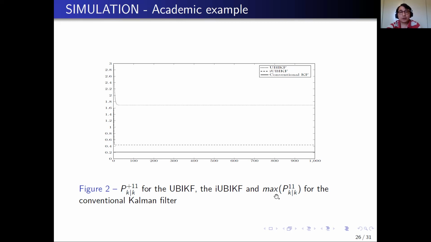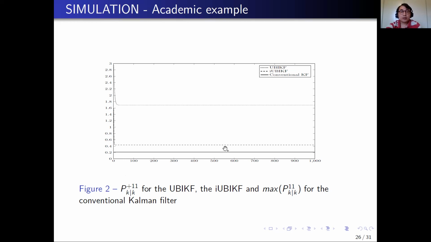For example, we compare the maximum value of the 1,1 elements of these matrices with the corresponding upper bound provided by the two filters here, and we get the result.